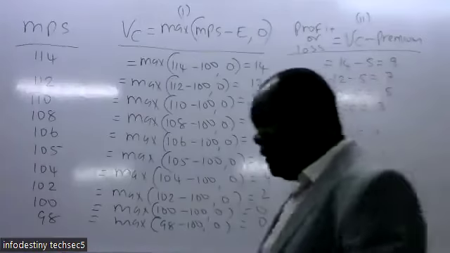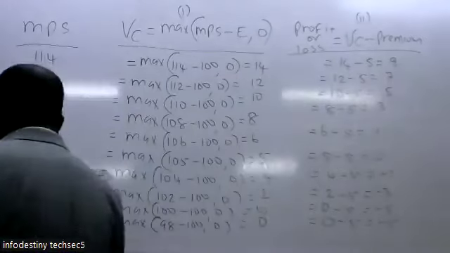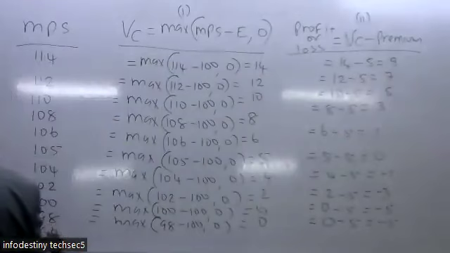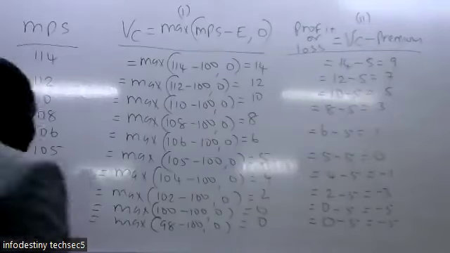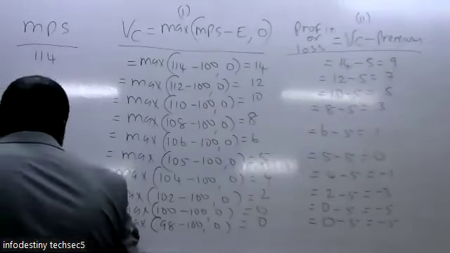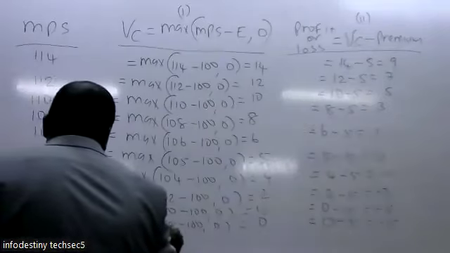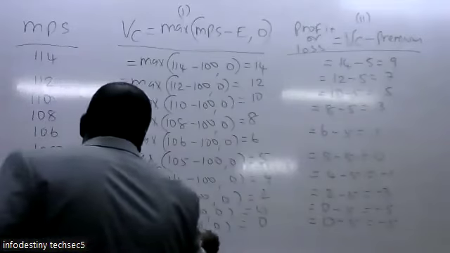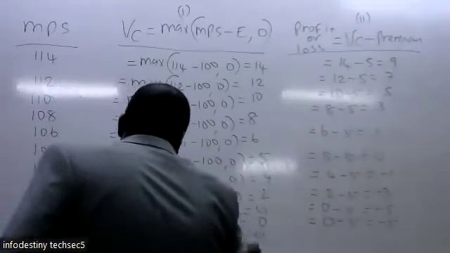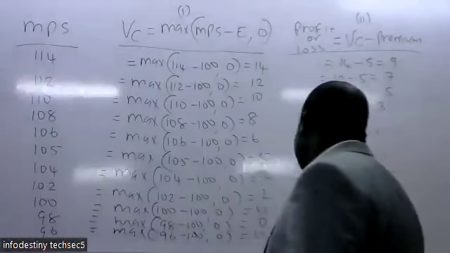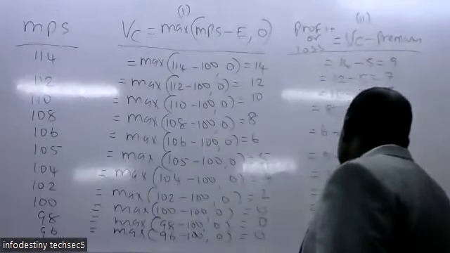So the same case for 96 and 94. 96 and 94, we just do the same. Because finally they are negatives. Anything that is negative, you equate it to 0. Right. So it will simply be 0 minus 5.